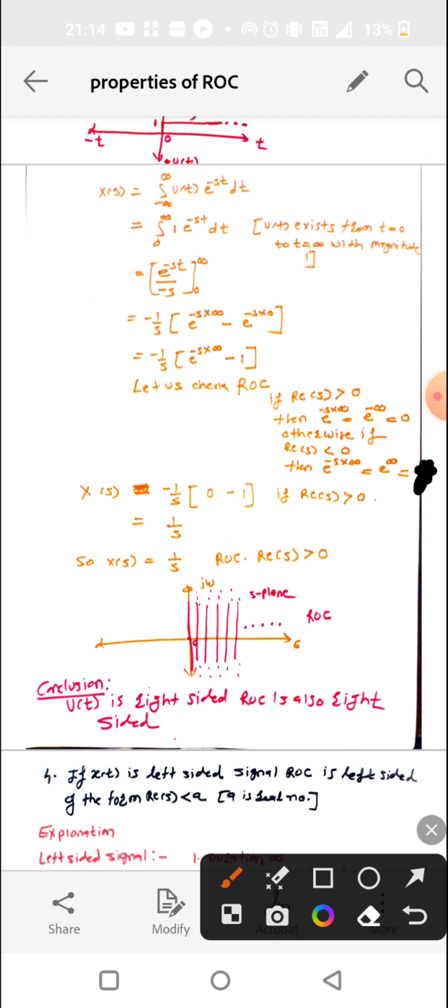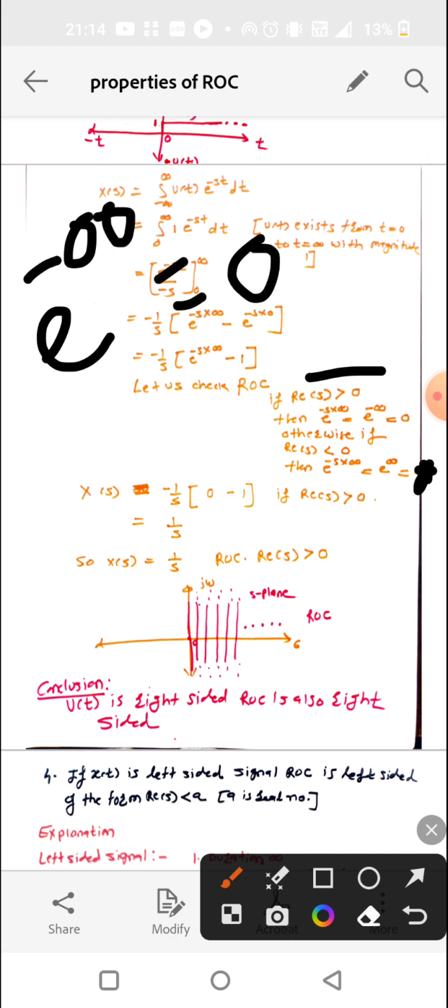So to have the convergence, you need real s greater than 0. That means keep in mind that you want e raised to minus infinity. Accordingly ROC comes, and then only you will get 0 value, otherwise you will get e raised to infinity, which is infinite. So e raised to minus infinity is equal to 0, and e raised to infinity is equal to infinity.